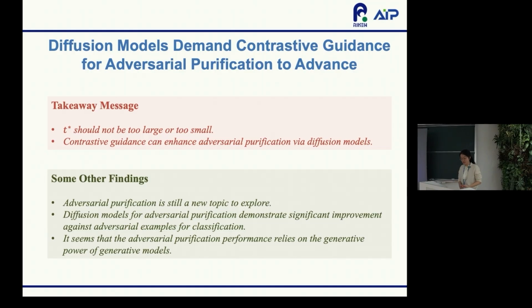The second is that diffusion models for adversarial purification demonstrate significant improvement against adversarial examples for classification, which basically means this track is still workable. And third, the adversarial purification performance, as we see from this family tree, is really dependent on the power of the generative model. So as long as we have a more powerful generative model, we can assume the performance can be increased.